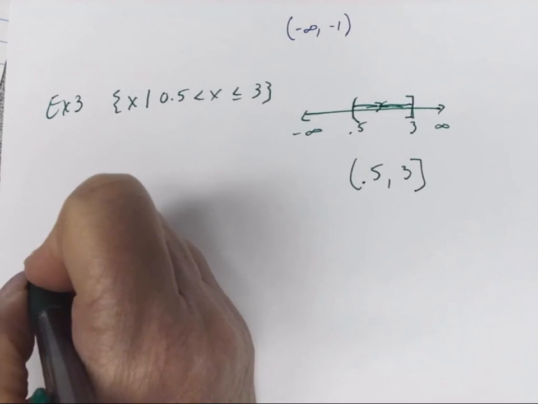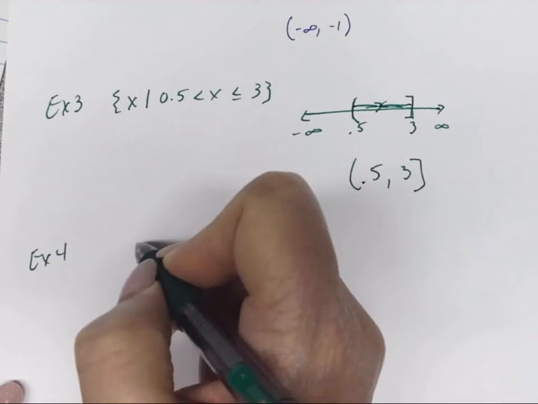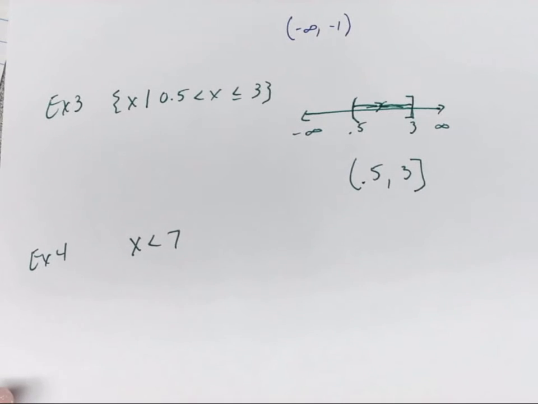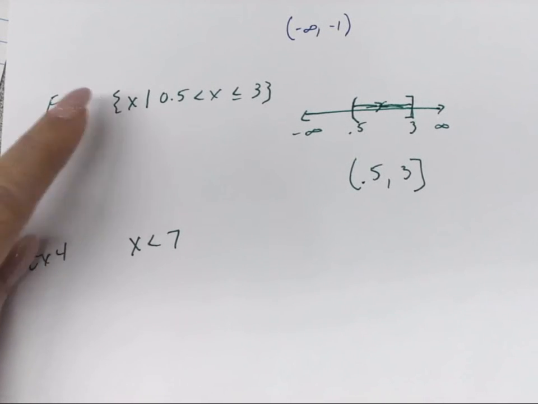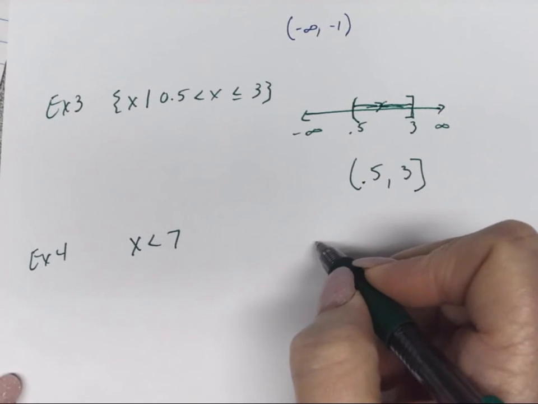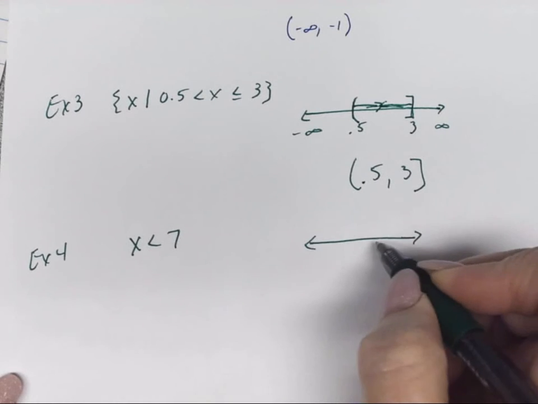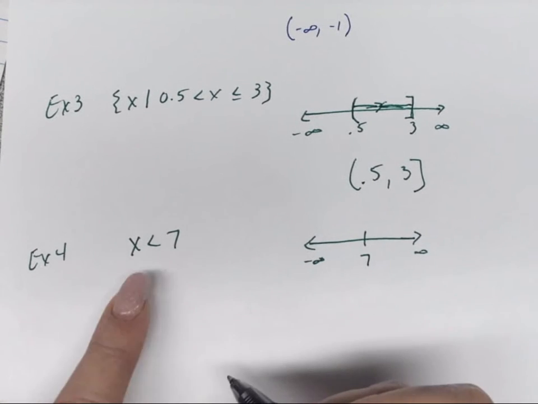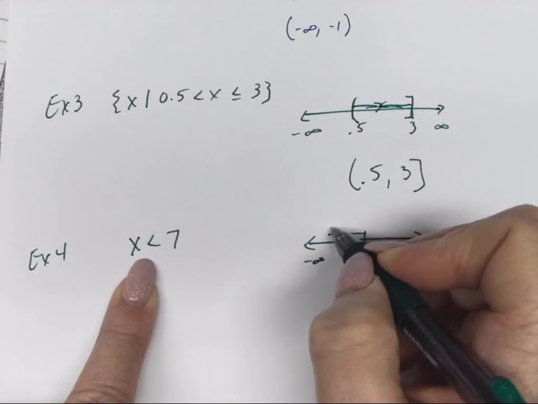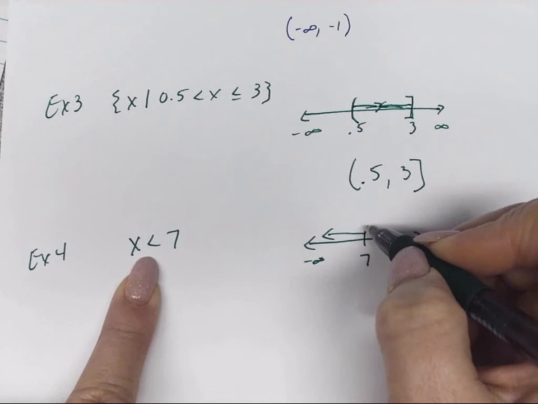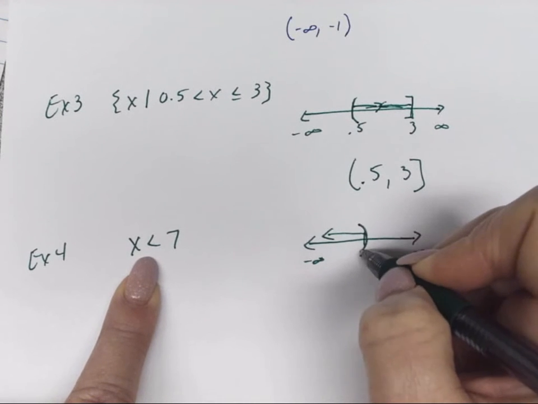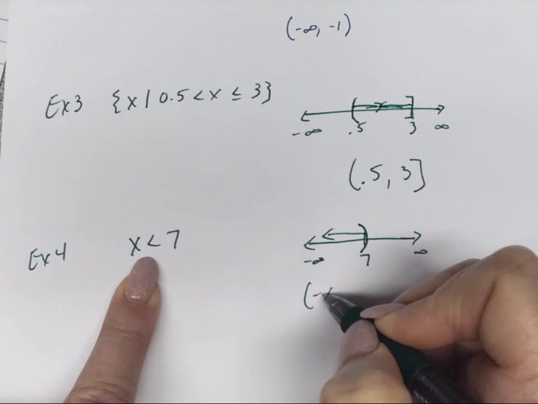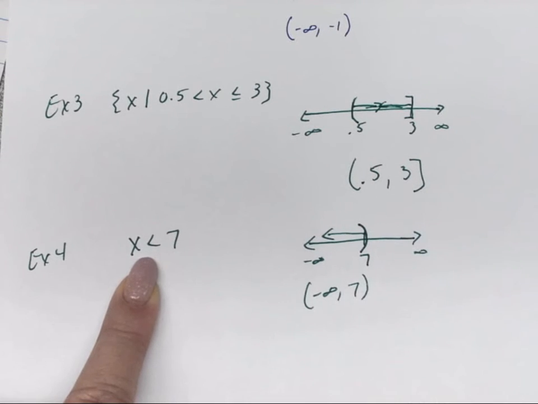All right, let's do example 4. We just have x is less than 7, so we're not doing all of the set notation there. So again, we're going to draw our graph. We have a 7, we have the infinities. It's less than, so it's going to go this way. And it doesn't have the equality, so we're just doing a parenthesis, so negative infinity to 7.